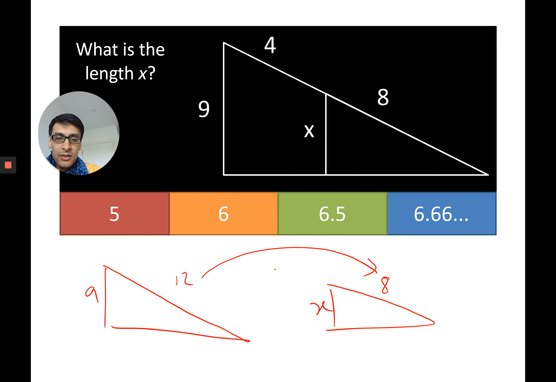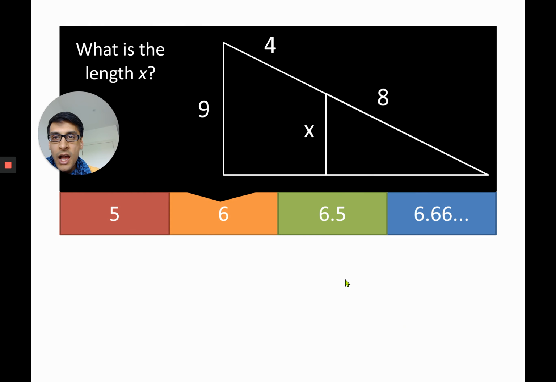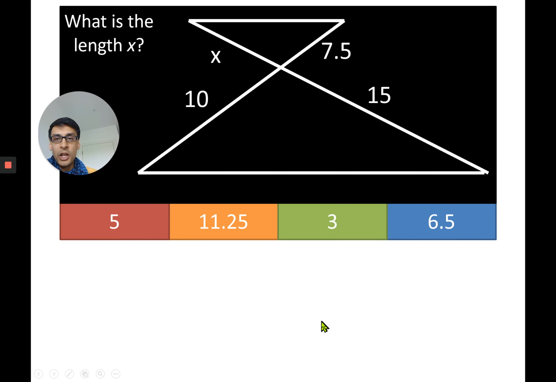So it's 8 over 12. And that just simplifies to, if I divide that by 4, it becomes 2 over 3. 2 over 3 is the scale factor. So then I do 9 times 2 over 3, so 18 over 3, which is 6. And then the third example, final example, have a go here, pause the video.